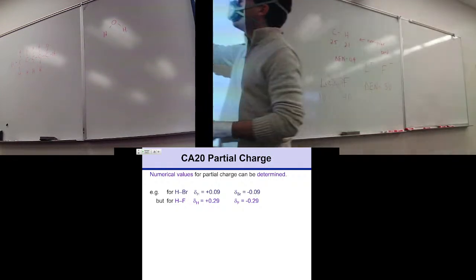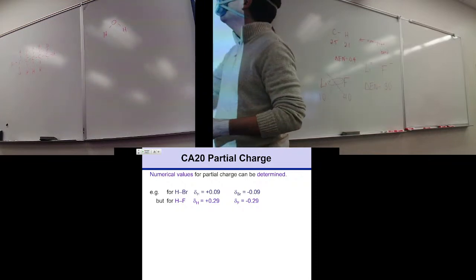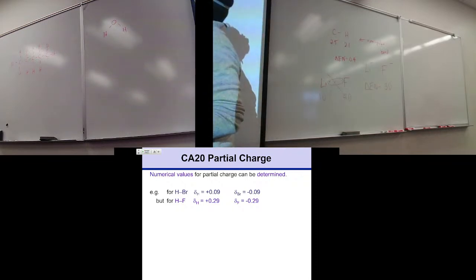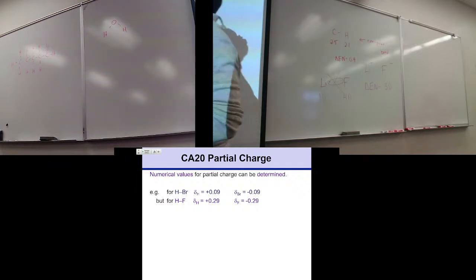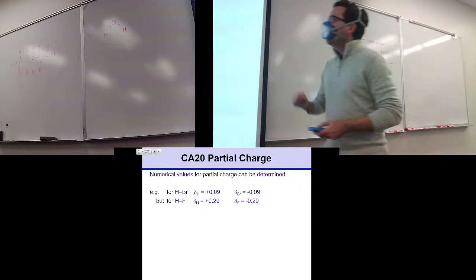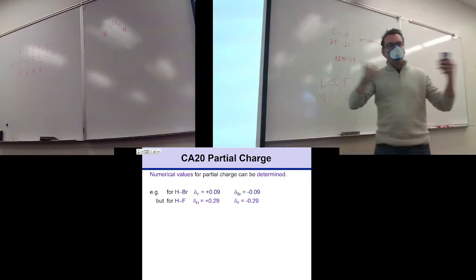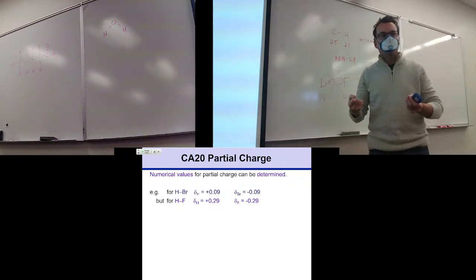In HBr, the partial positive on H is actually a +0.09 charge, very small. On the bromine, it's the opposite, minus 0.09. For HF, it's almost a third, 0.29, and for the fluorine, it's minus 0.29. It's a bigger charge because HF is more polar. The difference in electronegativity between H and F is a bigger difference.